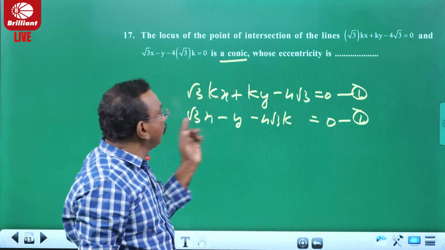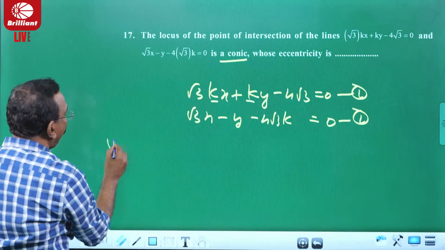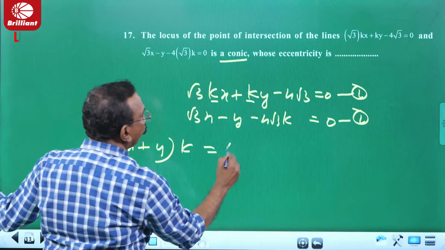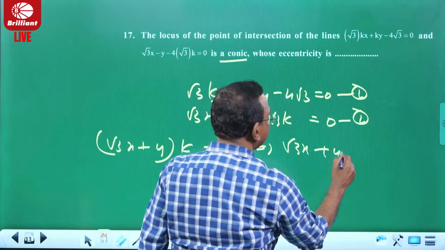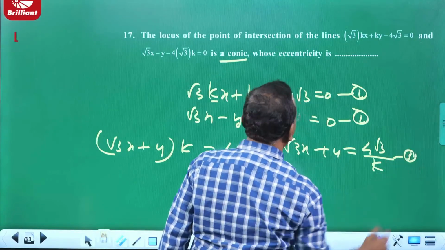Here k is the parameter. So the first equation we can write as (root 3x plus y) into k is equal to 4 root 3, which implies that root 3x plus y is equal to 4 root 3 by k. This is our third equation.